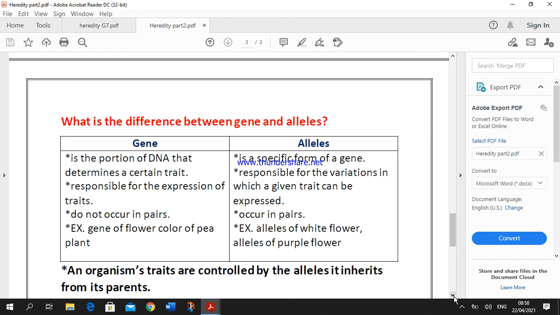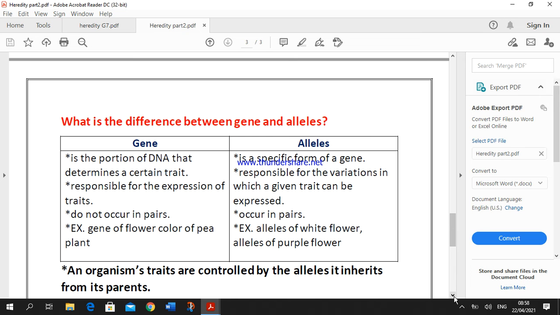So genes don't occur in pairs, while an allele is a specific form of a gene, okay, that is responsible for the variations in which a given trait can be expressed, okay.